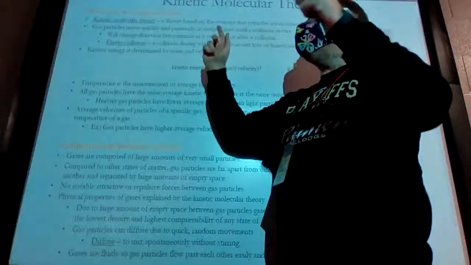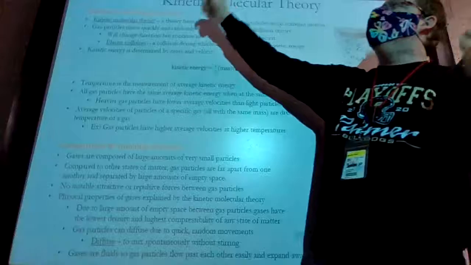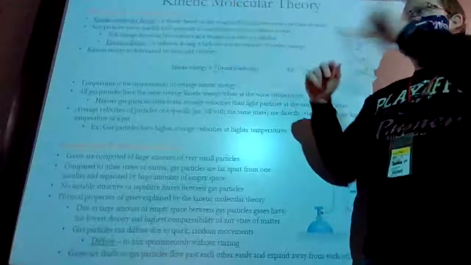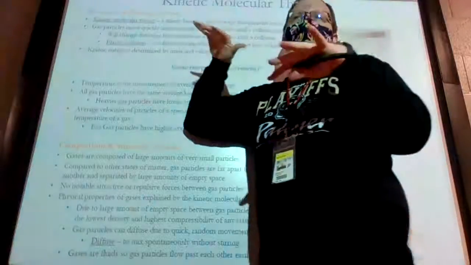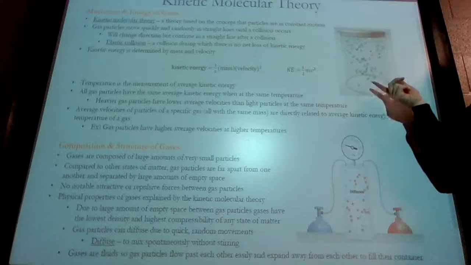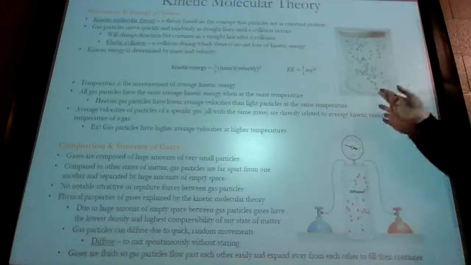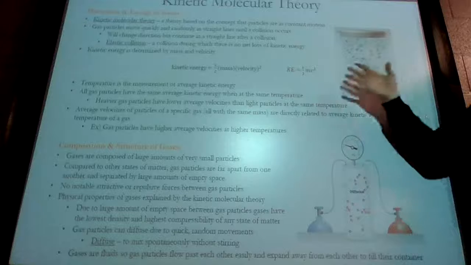So remember, we're talking about kinetic molecular theory. It's the theory of the movement of molecules. And the first thing you want to remember is they're always moving. They don't ever stop moving, especially when you talk about a gas. Molecules of a gas will just forever bounce around their container until the end of time. They're never going to stop bouncing.